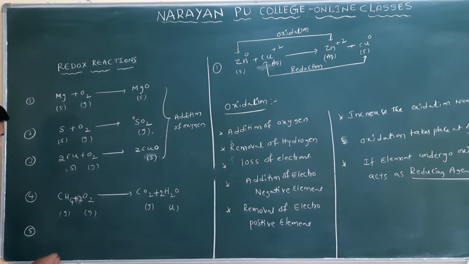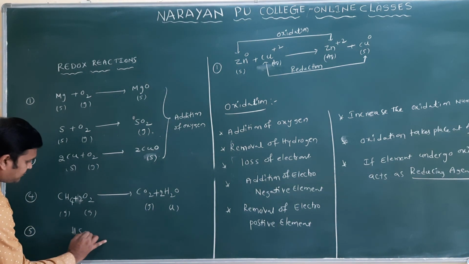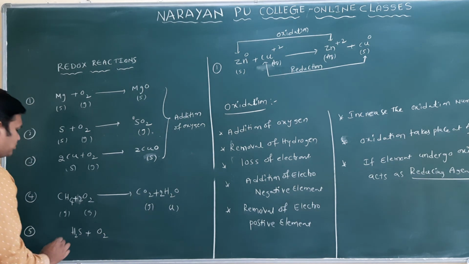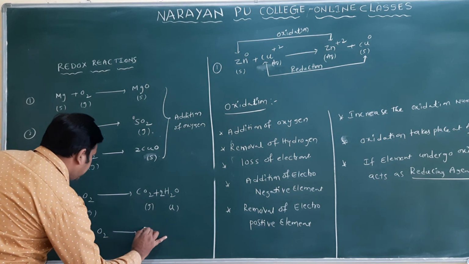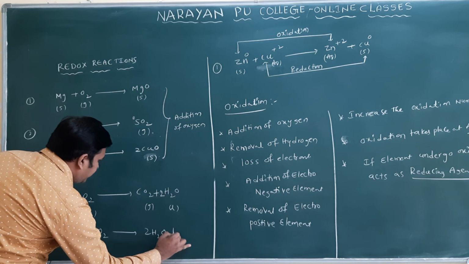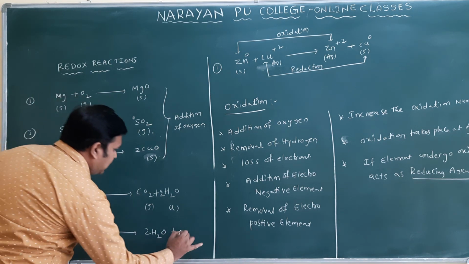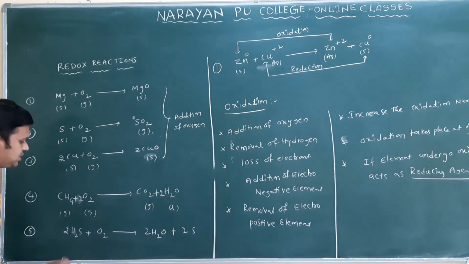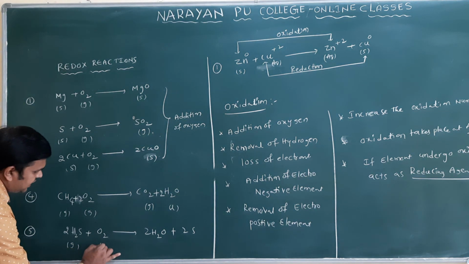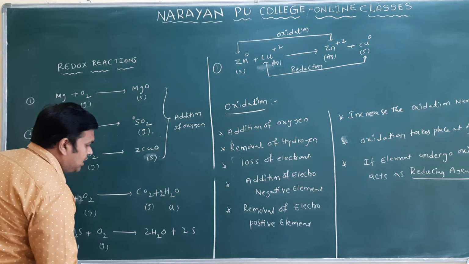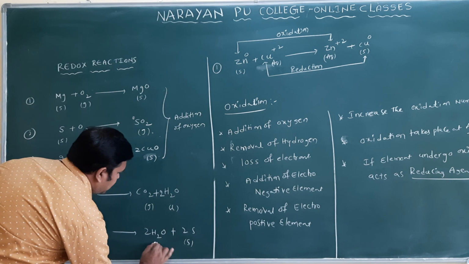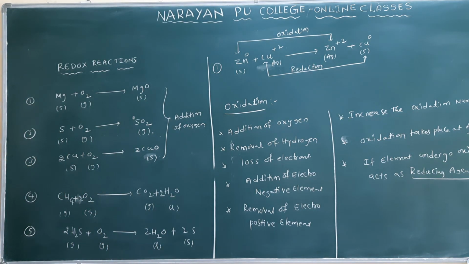Now we can see one more example: hydrogen sulfide. H2S plus O2 gives 2H2O plus sulfur. H2S is a gas, O2 is also a gas, sulfur is a solid, and we get liquid water.